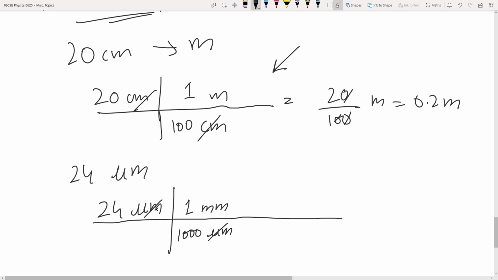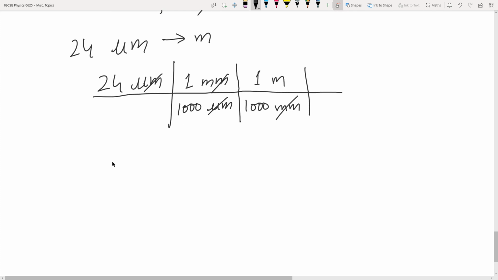If it's in the numerator, then the other one should be in the denominator to cancel it out, and the conversion should be there. Since I want to go into meters, I will convert millimeters. I know 1 meter has 1000 millimeters, so I cancel it off, and we are now in meters. So this is simply 24 into 1 into 1 divided by 1000 and 1000.